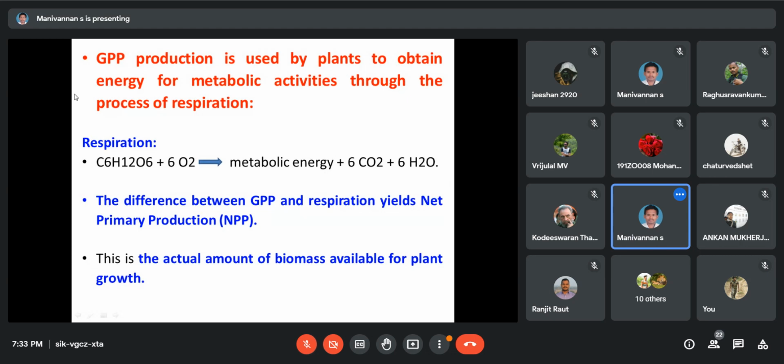Any catabolic process finally releases carbon dioxide and water and releases ATP. Metabolic energy is carried through the ATP molecule. Is it clear? In respiration, the final end products are carbon dioxide and water, with release of ATP molecules. Okay, right.